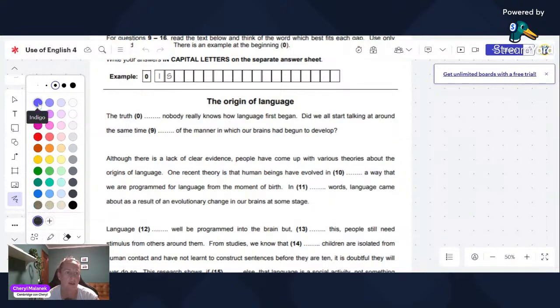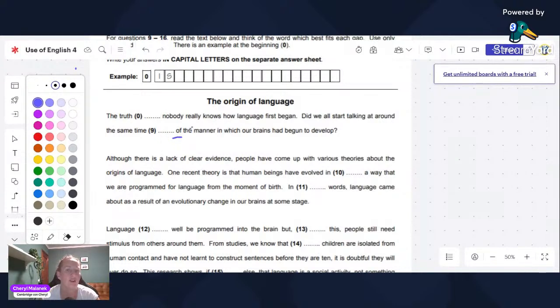Okay, so of. Wait. So I'm going to be thinking of something that goes with of. No, this is a question. So did we all start talking around the same time? It's kind of like, this is like the question, and this is like the answer. Goes with of?